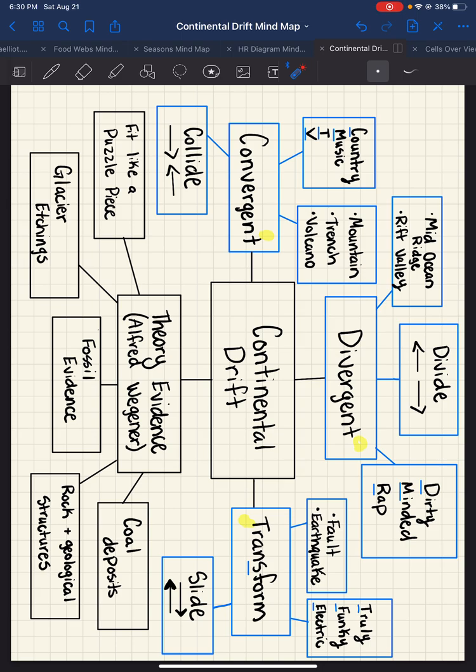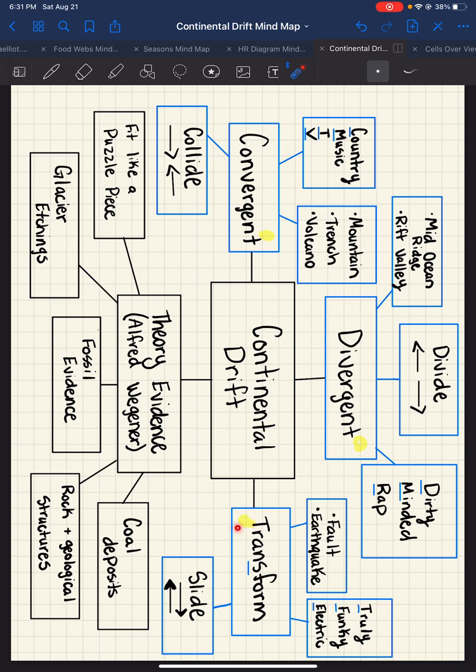One thing to remember though, and not get it confused with mountains, is that minded starts with MI and mid-ocean ridge starts with MI. Dirty-minded rap. Divergent, mid-ocean ridge, rift valley.